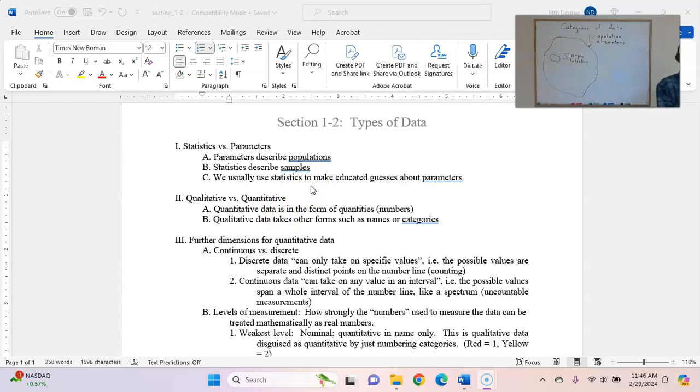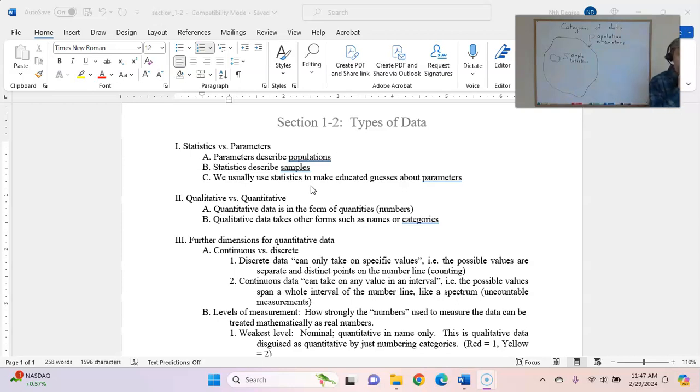Quantitative data takes the form of quantities, numbers. And these are usually used to measure or count things. So in the last example, when we are measuring the length of scrub jays' beaks, that would be quantitative data, wouldn't it? Because we can measure a beak as like 2.3 centimeters.